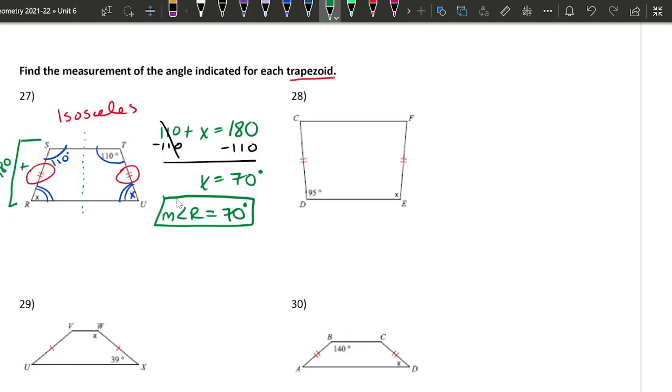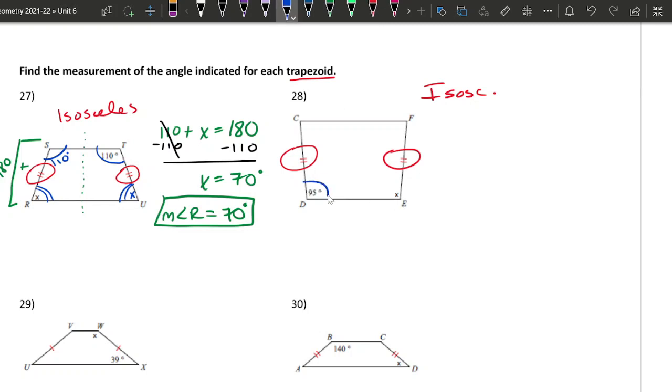All right, so on number 28, again, I see I have an isosceles trapezoid because the legs are marked to be congruent. Two lines, two lines. Again, it's isosceles, so again, the base angles are congruent.